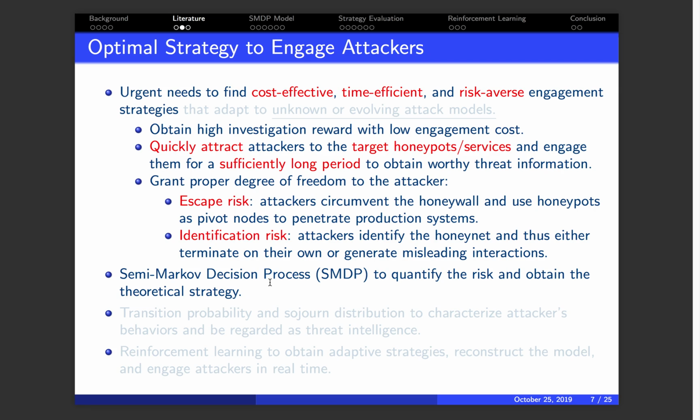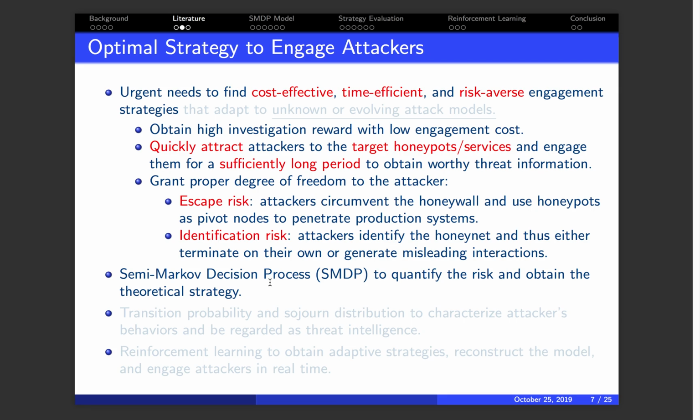Risk averse means the defender should grant a proper degree of freedom to the attacker, not too much, not too little, to avoid escape risk, where attackers use honeypots to compromise other protection systems, and also identification risk, where the attacker identifies the honeypots and terminates on their own.